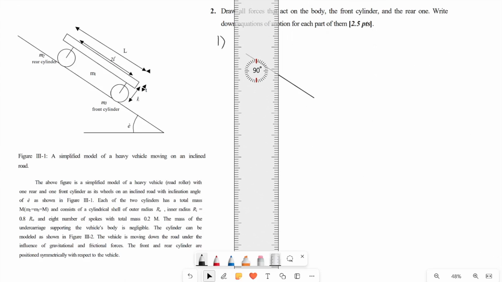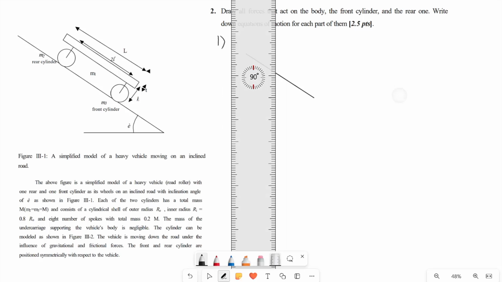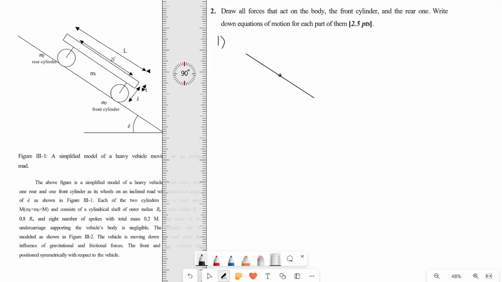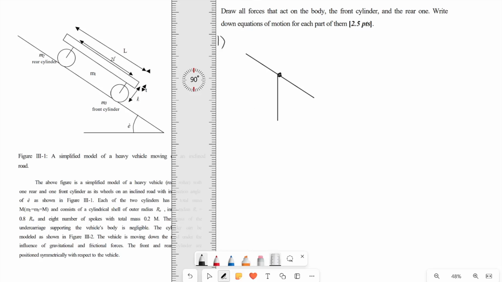The obvious one is going to be the weight that is acting at the center of mass. Let's say that this is around here, about here, and we're going to say that this here is mg.